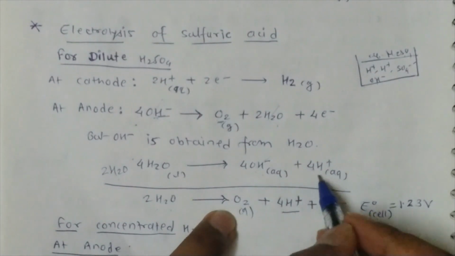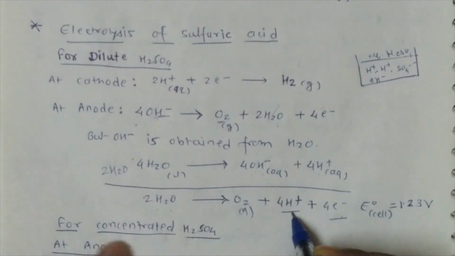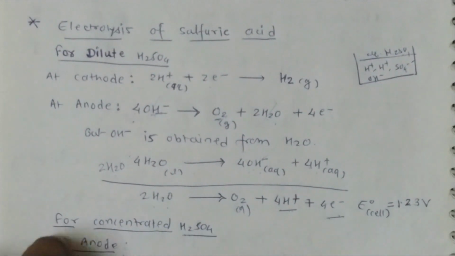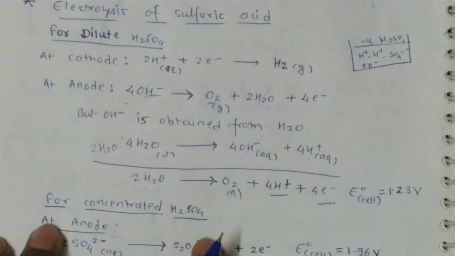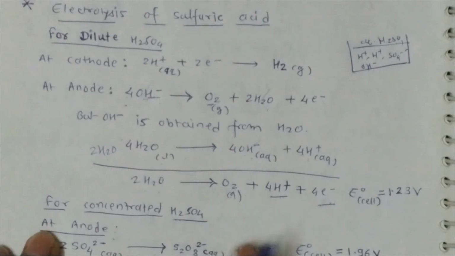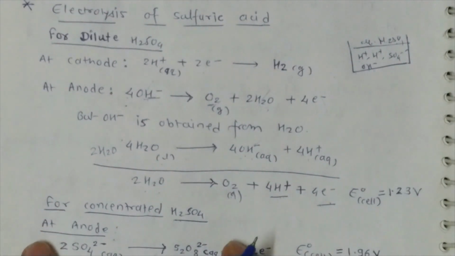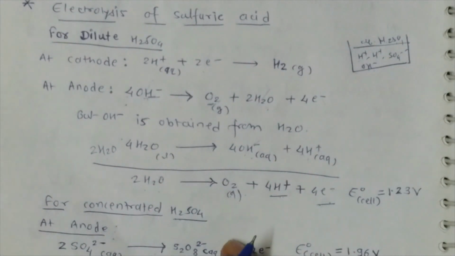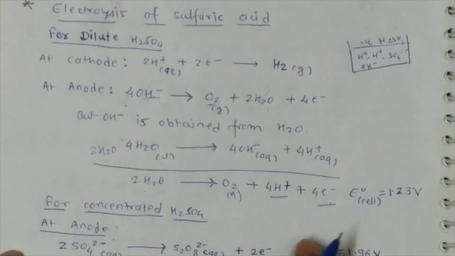Here OH is also cancelled and remaining is 4H plus ion. So the overall reaction will be 2H2O gives O2 plus 4H plus ion plus 4 electrons, and its electrode potential is 1.23 volt. That we have already seen when we were looking at the oxidation of OH minus ion during electrolysis of NaCl. So this will happen.